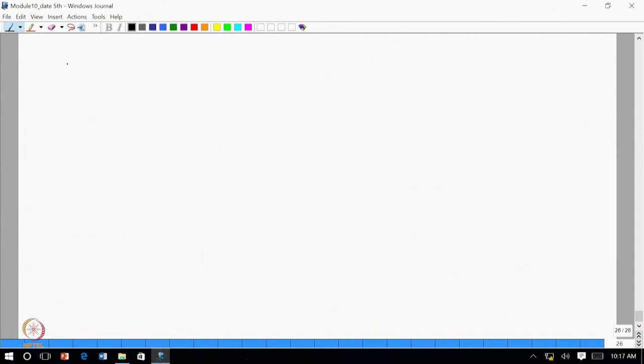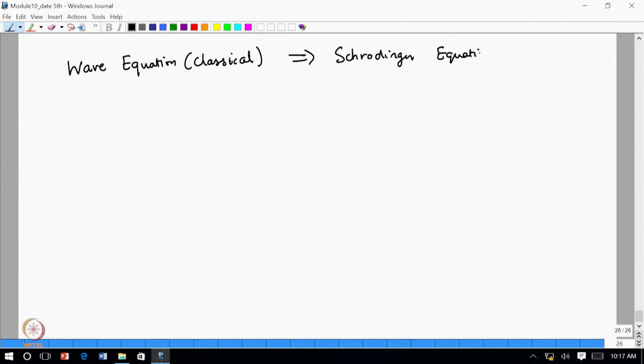First is that the classical wave equation is identical to a Schrodinger equation for a single particle in absence of any potential.